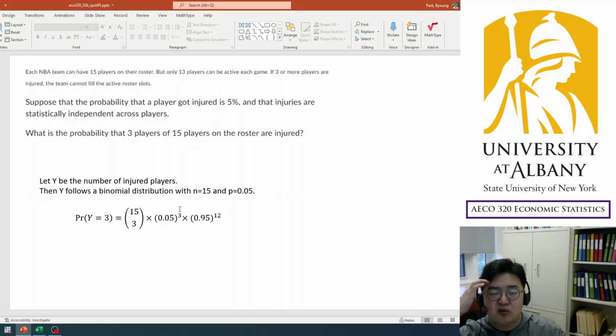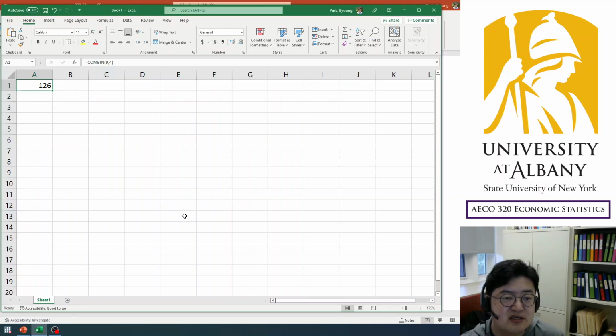You have to think about all the possible scenarios, different combinations, and then the injury probability happened 3 times, and the probability of not getting injured, 95%, happened for the other 12 players. So you have to multiply these probabilities. You can calculate this probability, but it will be very tedious algebra.